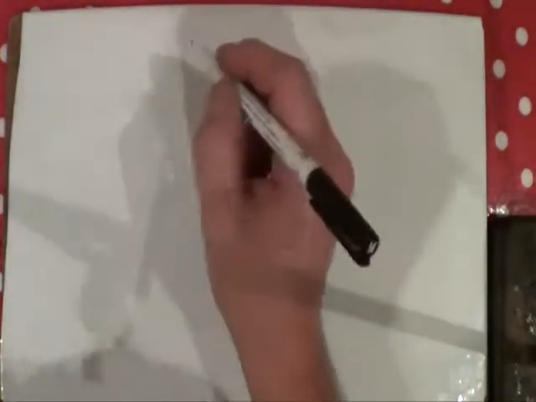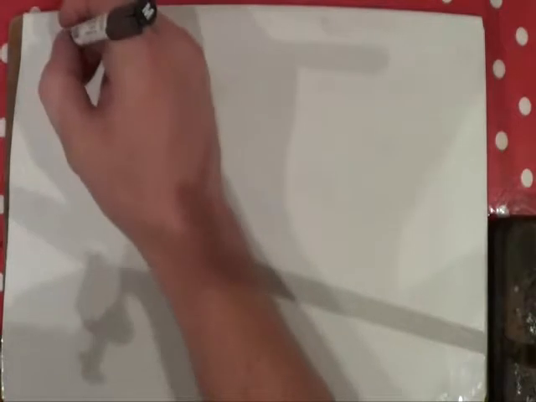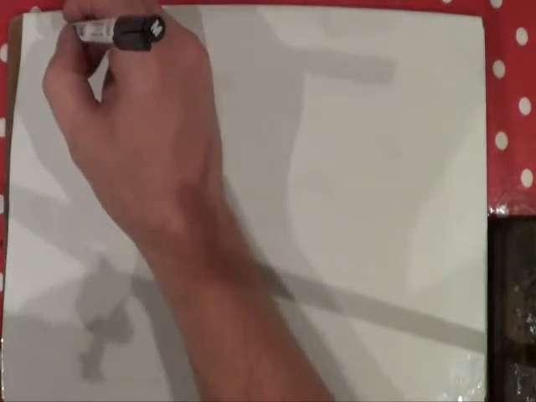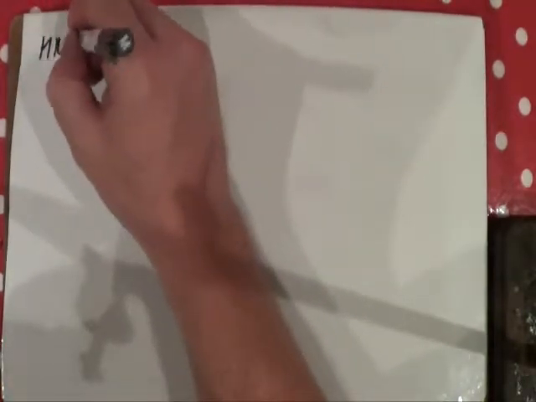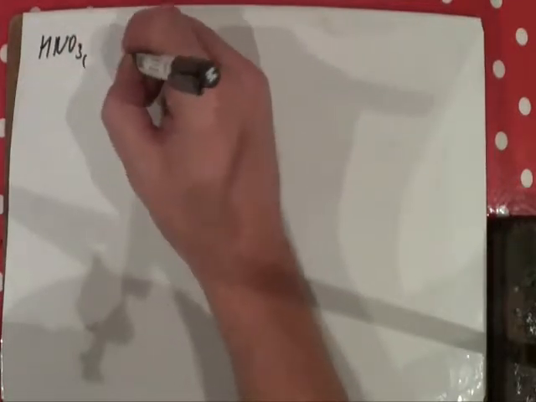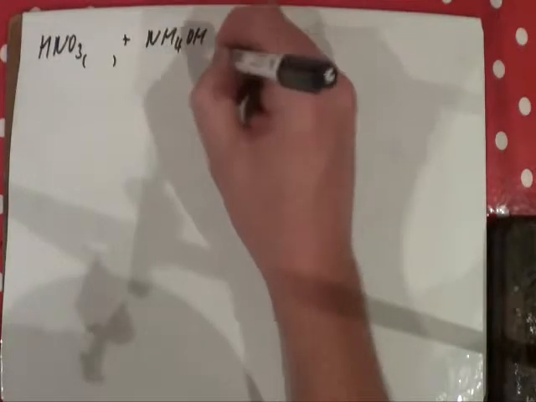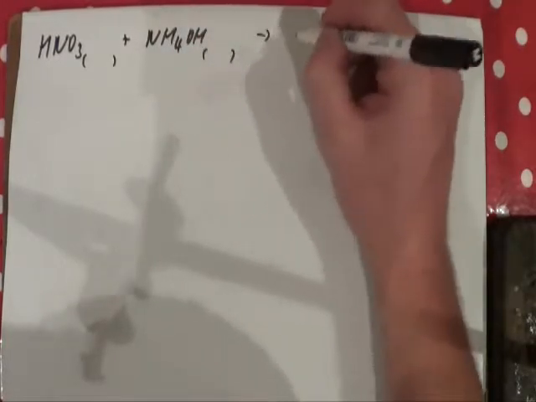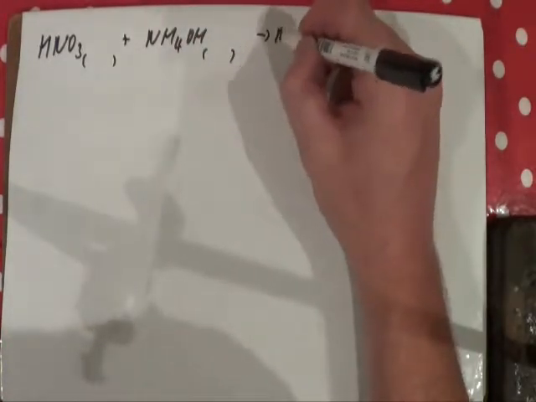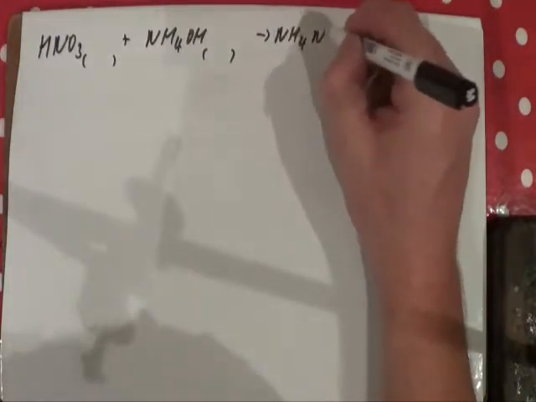Okay, let's take another one. We will have a little look at nitric acid. So that's nitric acid, HNO3, state symbol, reacting with ammonium hydroxide to give me ammonium nitrate, plus water.